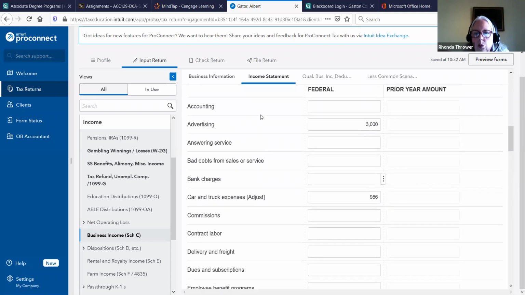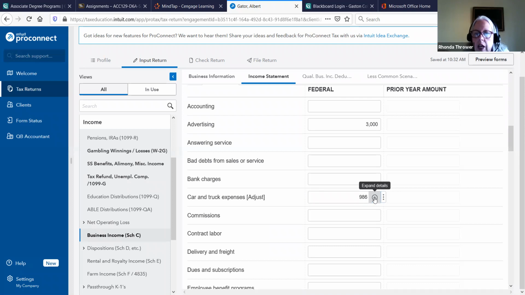But if you follow what they've got listed here in Schedule C, we didn't have anything till you get to car and truck expenses, which needs an explanation. This 986 is something that you have to figure. Notice I have entered in some more actions about this. If you click on that 986, it'll give you a place where you can expand for details.